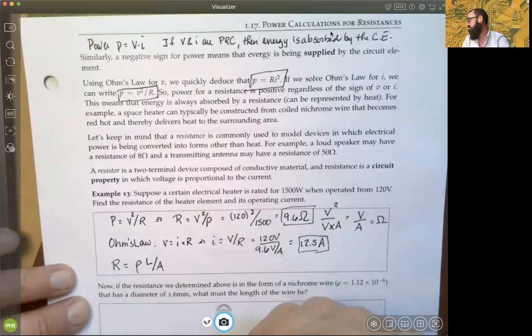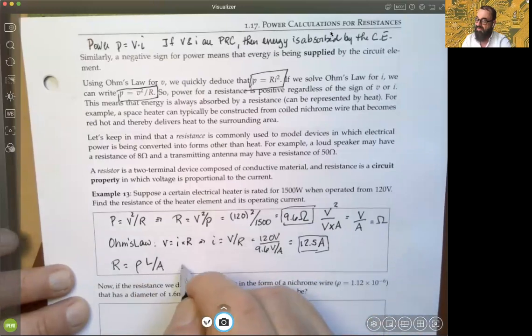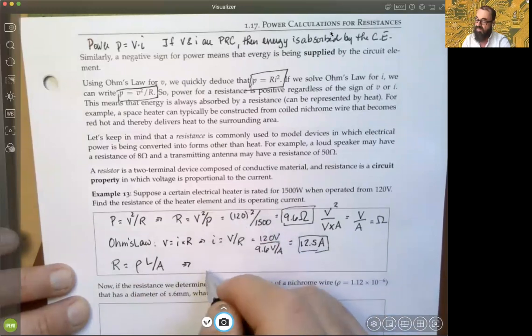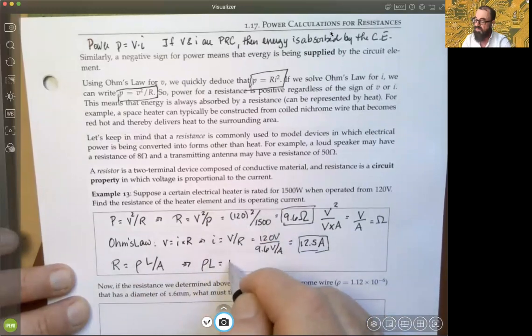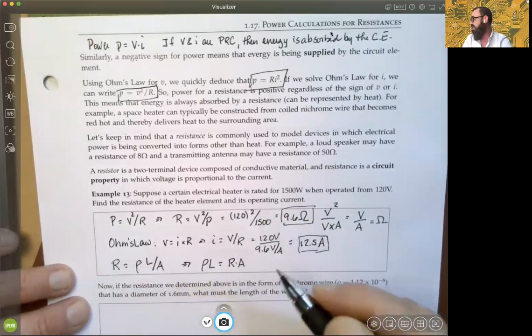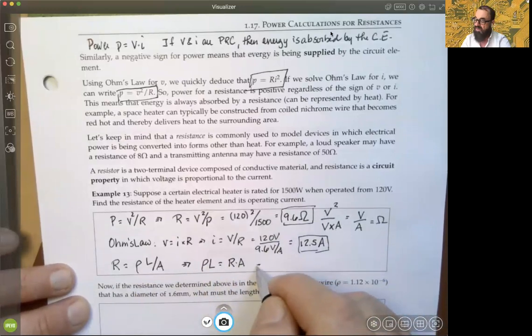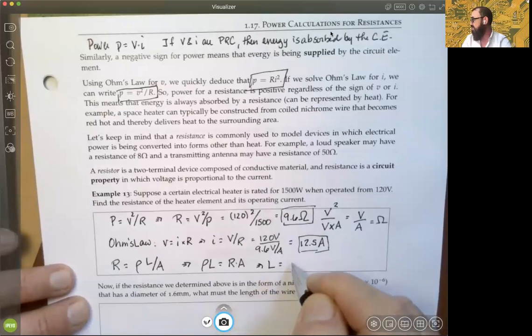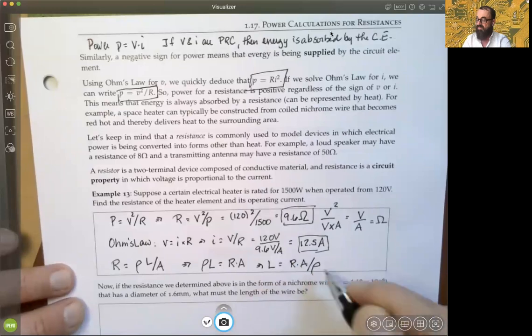And of course, if you multiply through this, if we cross multiply, rho times L is equal to resistance times the area, and we could then get that the length must be the resistance times the area divided by the resistivity.